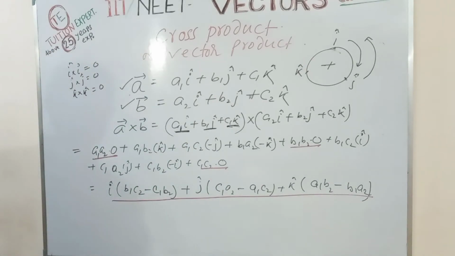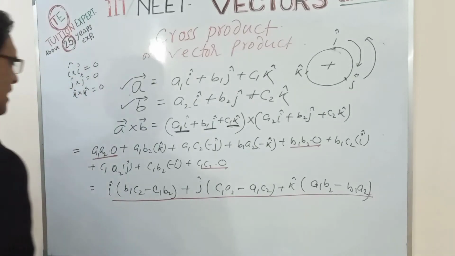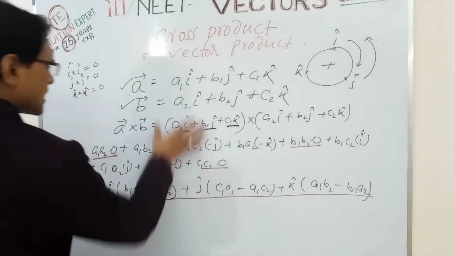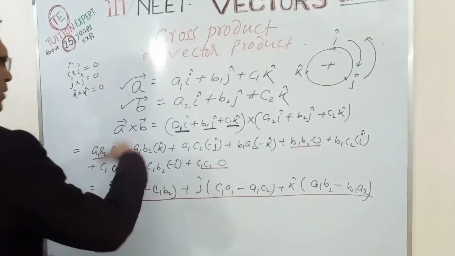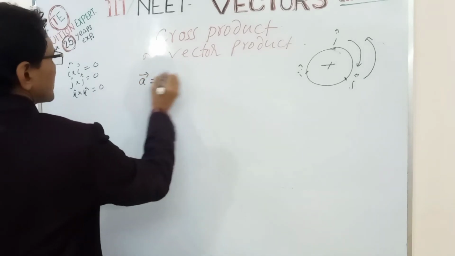We cannot memorize the result. I'll teach one technique to remember this result. So the result becomes this way. If we multiply this way, the result becomes this. Vector A equal to this.